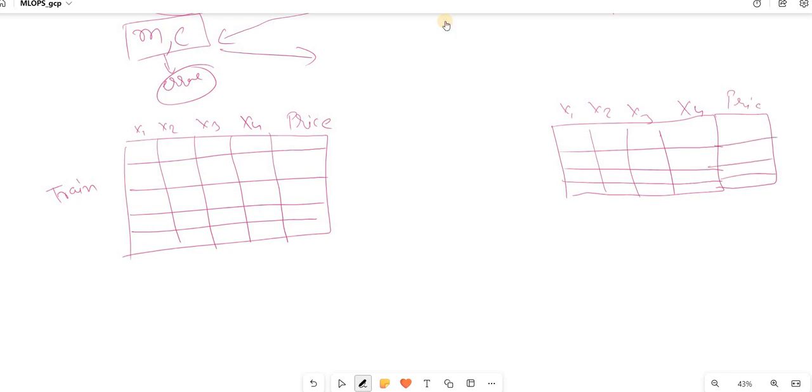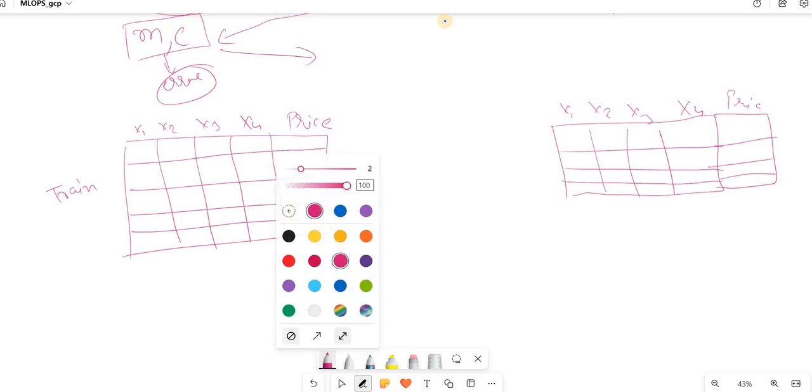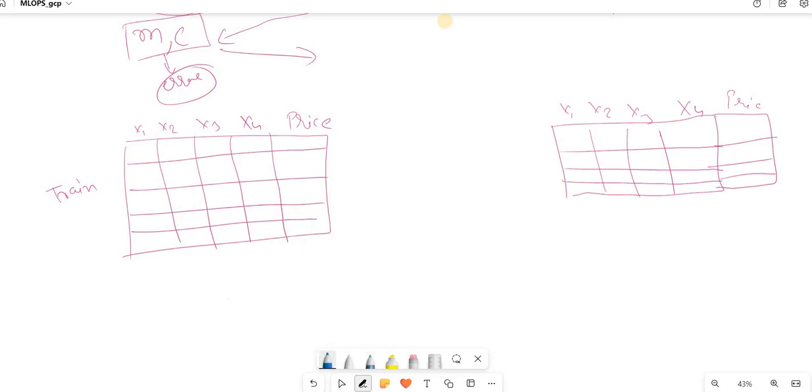This part is called x train, because I told you we need to divide into x and y, and since it is train data, I will call it x train, and this column I will treat as y train, because these are the independent and these are the dependent.